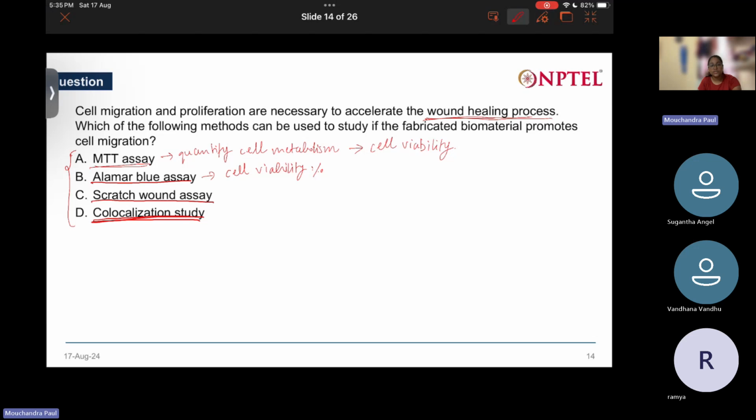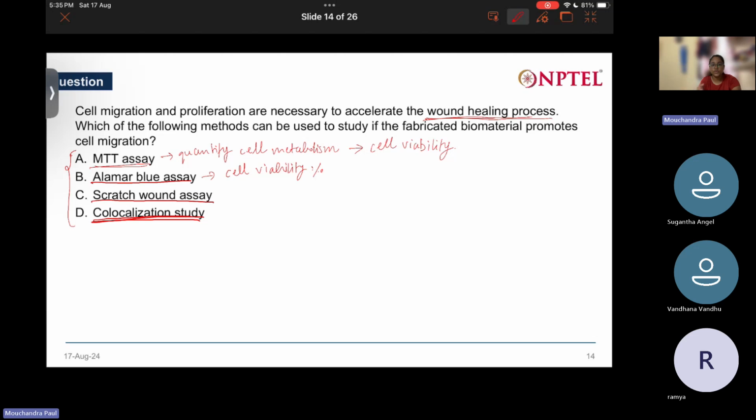So we try to see if one or more such particles are present inside the cell, and then we quantify it. So that is called co-localization, and this technique is not usually used for cell viability or something like that, but to quantify some uptake studies.